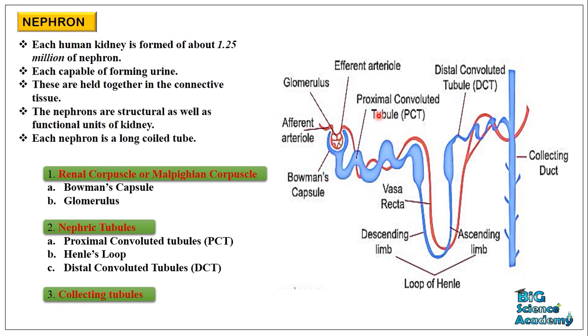The first one is the proximal convoluted tubule, this part is the proximal convoluted tubule. The next one is Henle's loop or loop of Henle, and the other one is the distal convoluted tubule or DCT. And the final one is the collecting tubule, which is associated with the distal convoluted tubule.